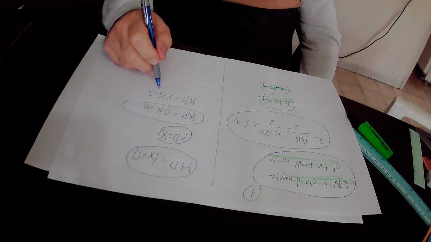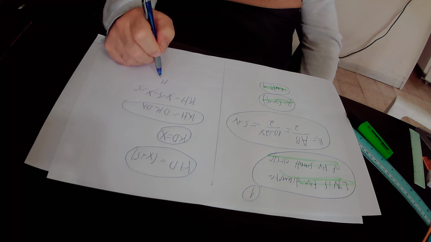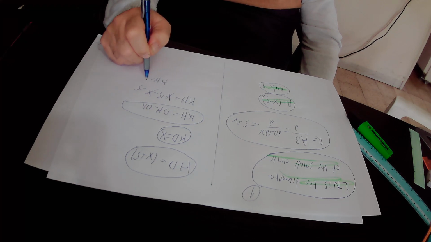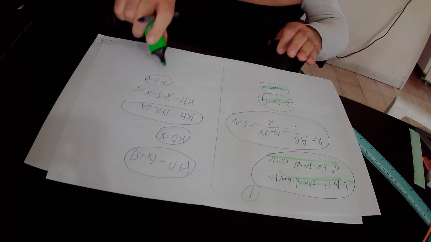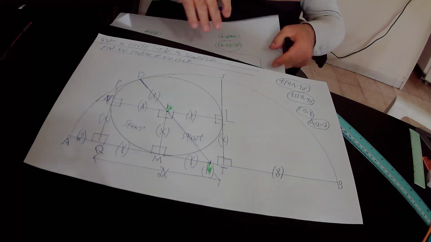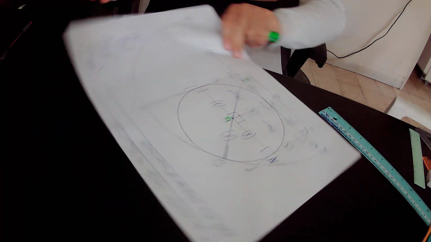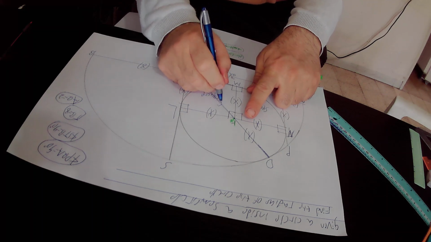X minus x is 0, and we are left with only 5. So the missing side KH equals 5 units in length.